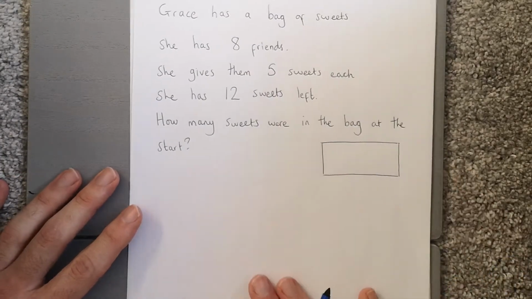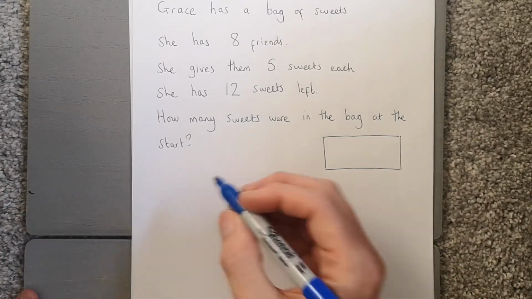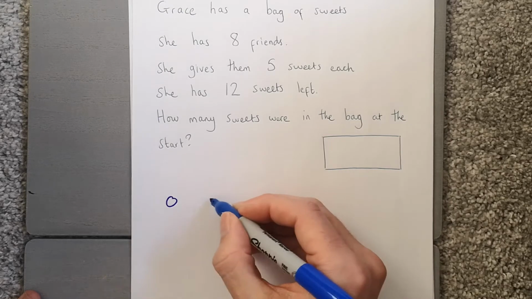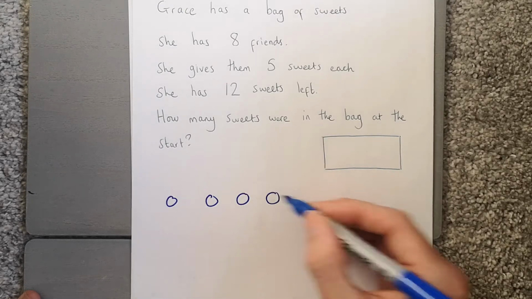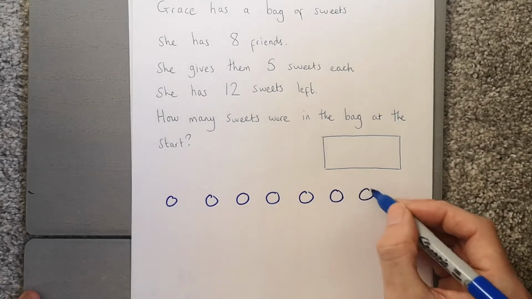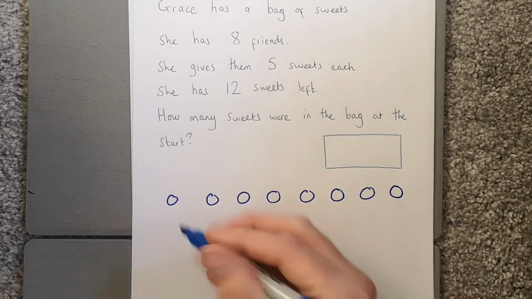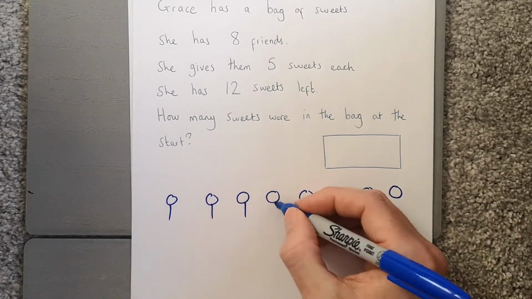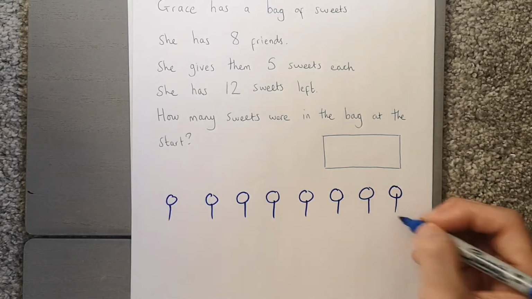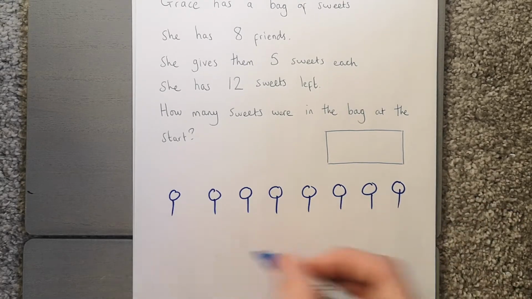Let's draw my 8 people. 1, 2, 3, 4, 5, 6, 7, 8. They're my 8 people. All they've got is a body.